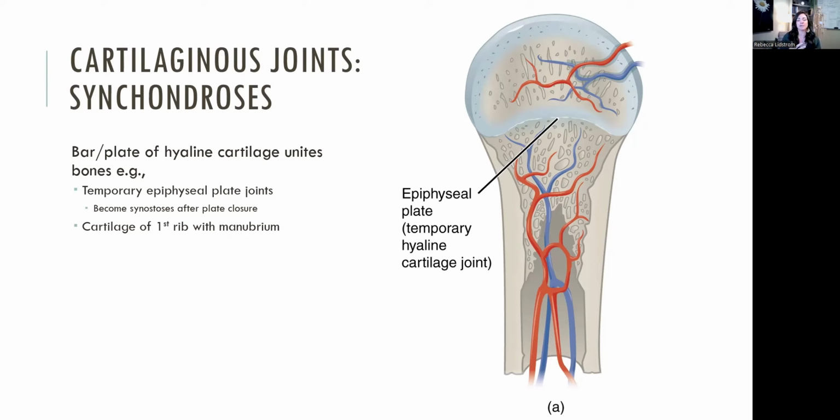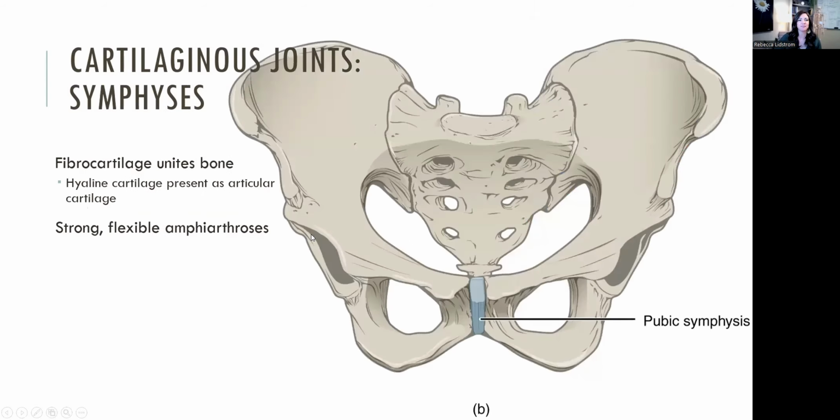But while there is that temporary epiphyseal plate where that hyaline cartilage is, that is a good example of a synchondrosis of a cartilaginous joint, so along that area. Another area is the first rib where it attaches to the manubrium, and the cartilage that sits there would also be a synchondrosis.